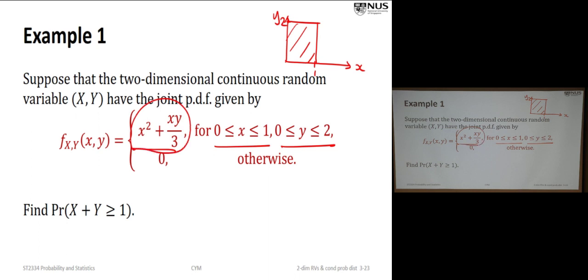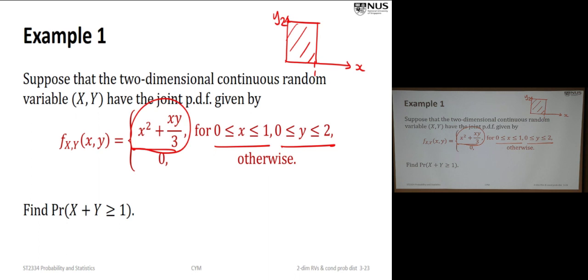So this function represents the density at a particular point, for given x and y values. And outside this region, the PDF is 0.